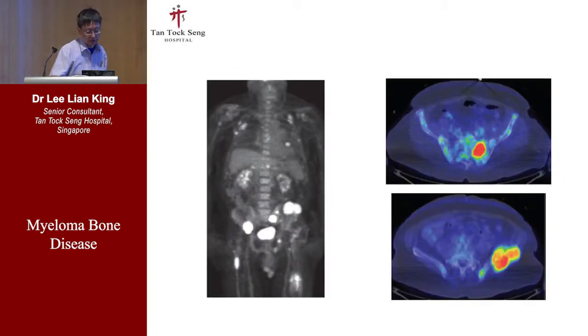My last few slides. Now these few slides show the PET scan. We use more and more modern technology to demonstrate where the disease is in the bone. And now we are applying this in treating myeloma, and not just at the diagnosis stage.